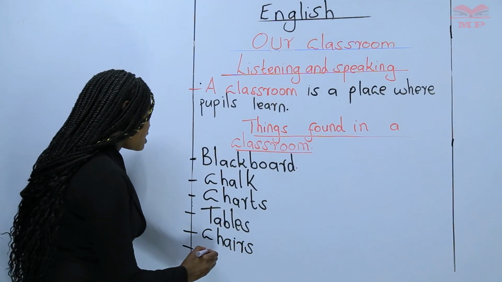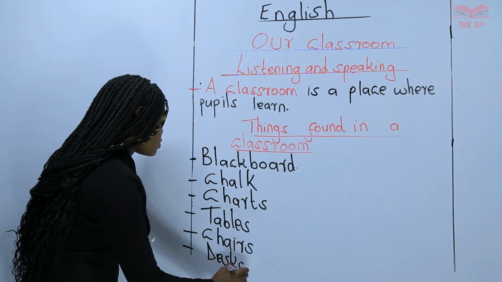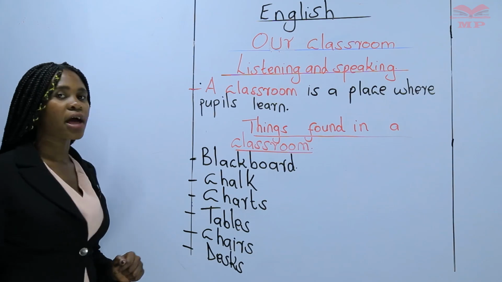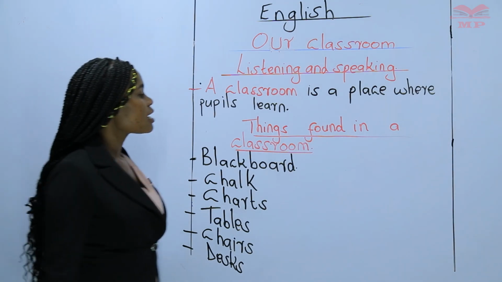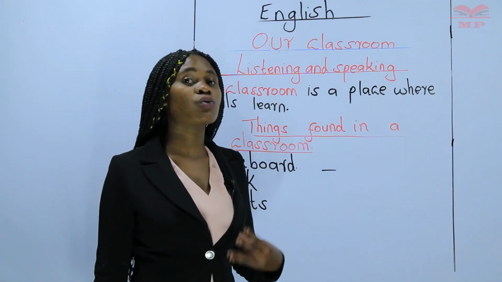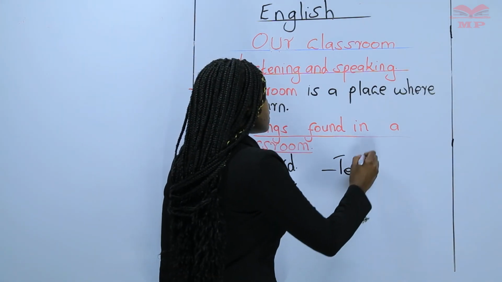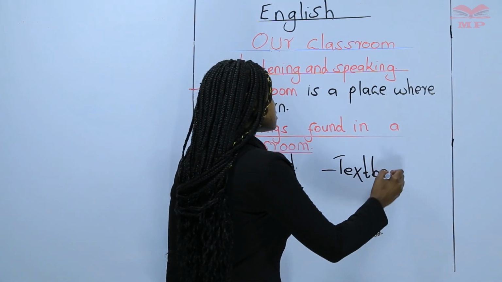Then we also have desks. Desks are mostly used by learners. In our classroom, we have some things that help us to read or what we read. We always read textbooks. So you can find a textbook in a class.